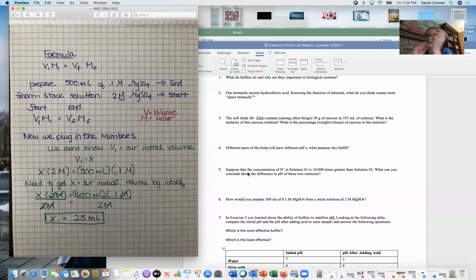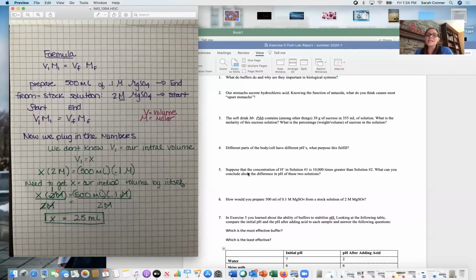So if you see that H plus, the more you have of that, the more acidic it is. In acids and bases, 1 is most acidic. For the bases, 14 is the most basic. And we're looking at that particular chain of calculations.